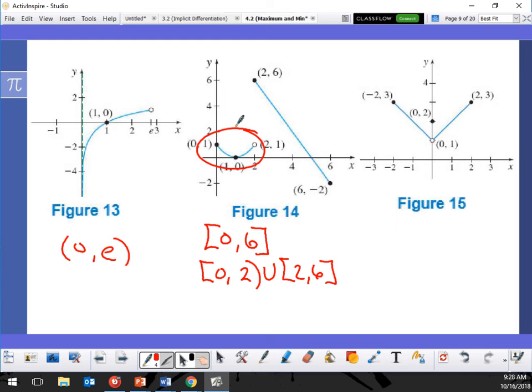Okay, so now let's do it from this side. Over that interval, is there going to be an absolute? Yes, an absolute maximum at 2. What about absolute minimum?